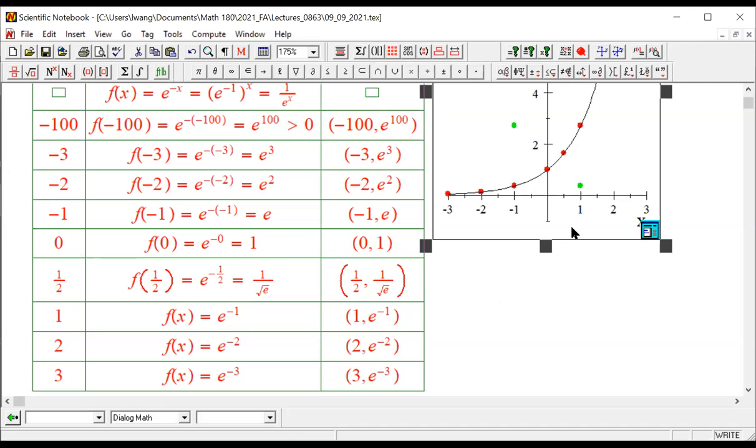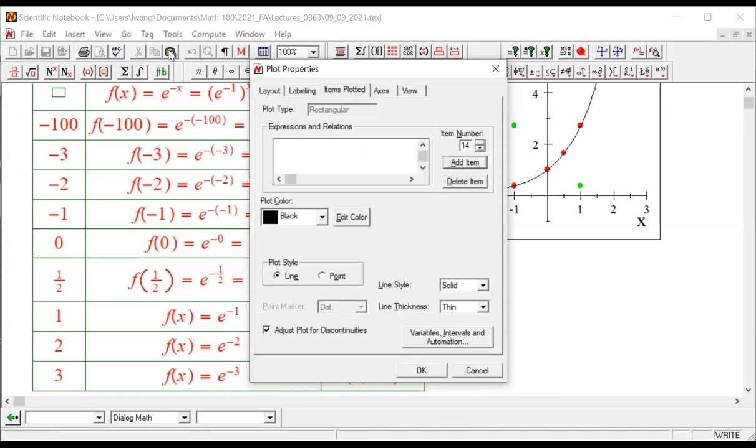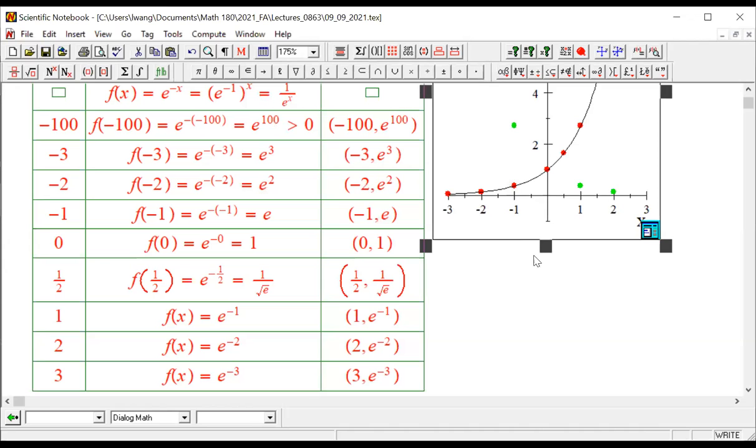Right? And what else? 2, with the green dots, right? It gets even lower.